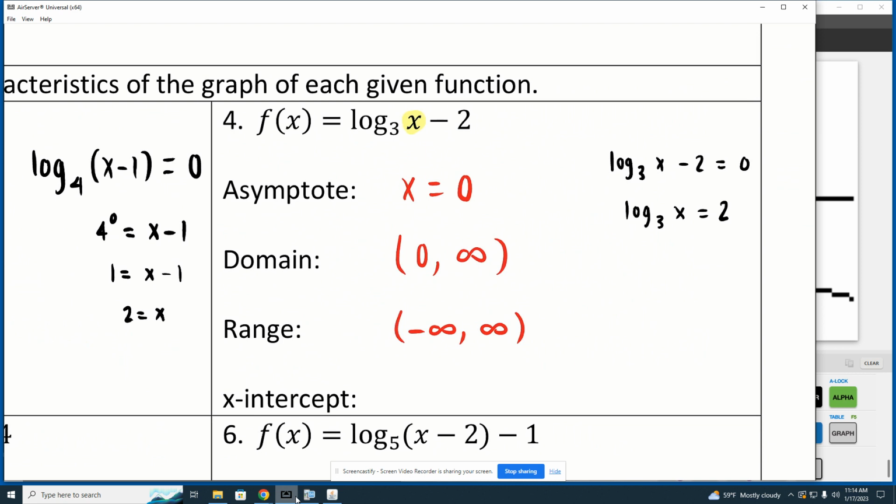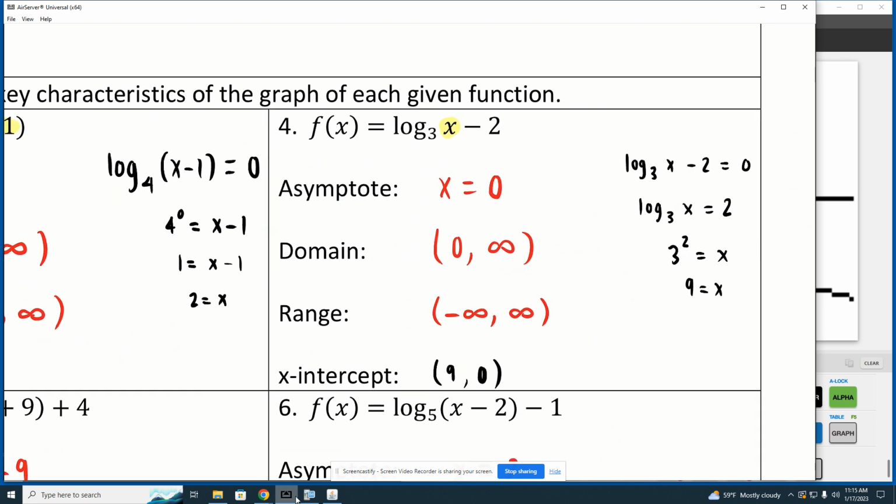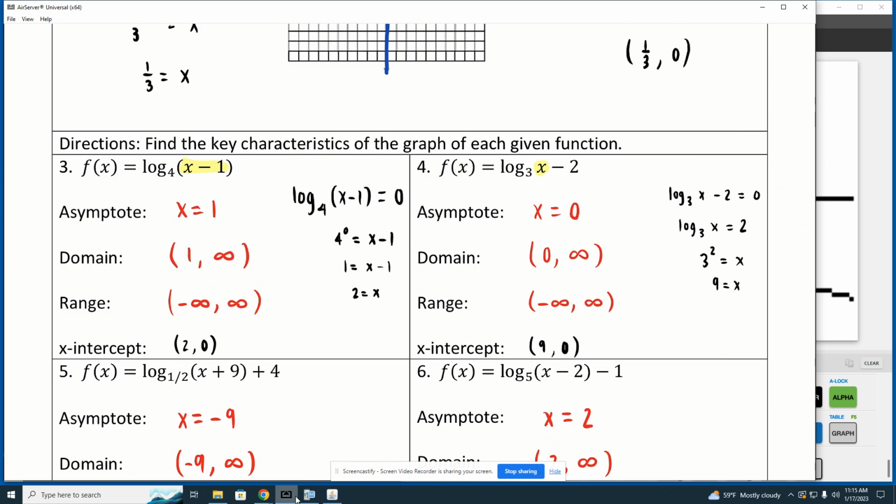So when you're solving, please note that. Now here, 3 to the 2nd power will equal x. What is 3 squared? I guarantee you, if you graph this one, it's going to cross the x-axis where? At 9, 0. I guarantee it. You can go graph it and look. Okay? Any questions?